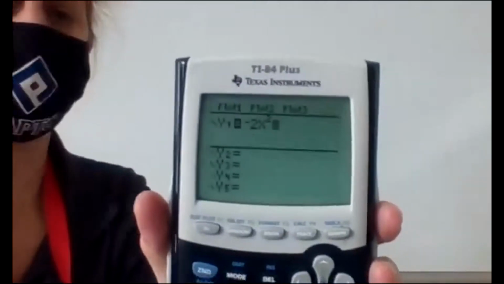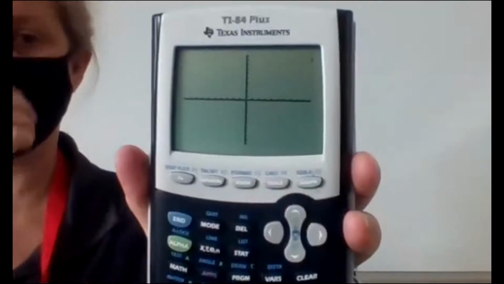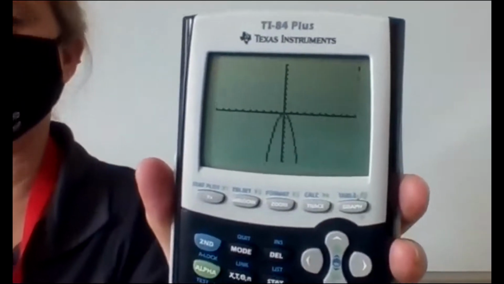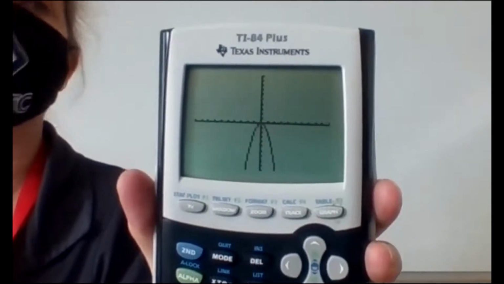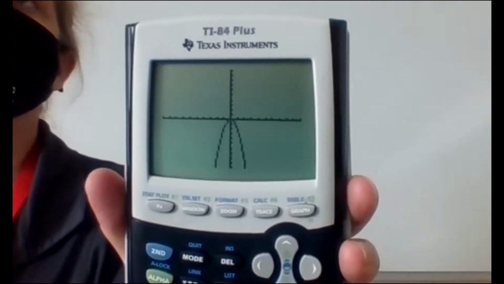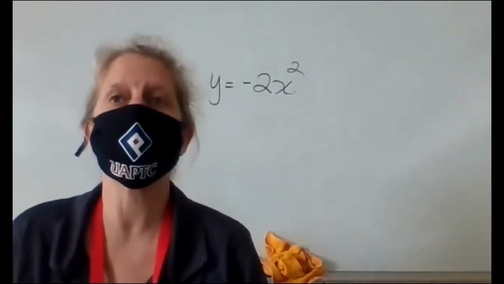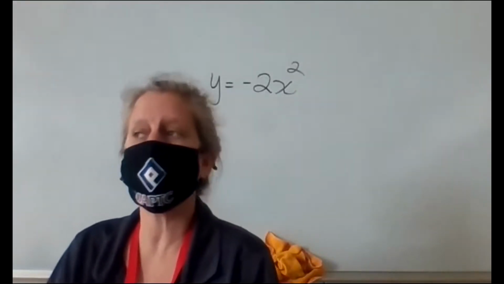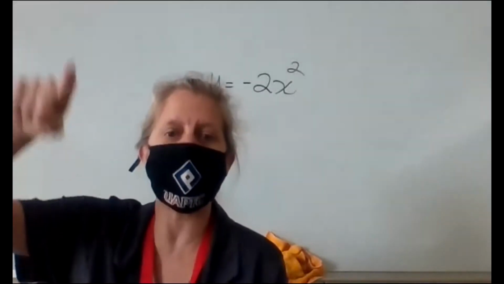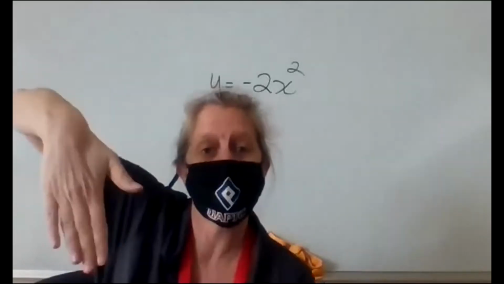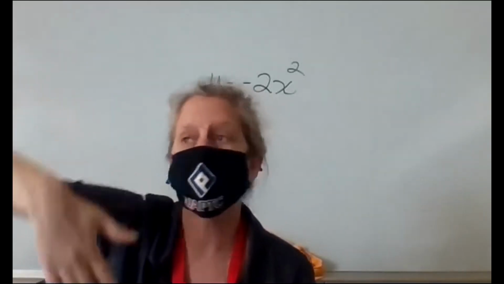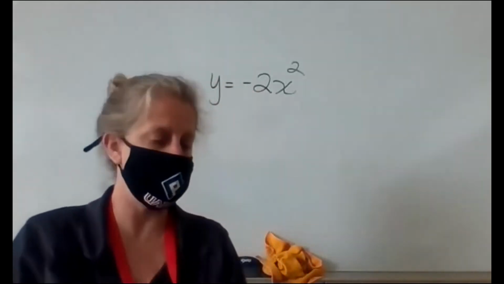So negative 2x squared. Let's graph this and see what it looks like. So a different shape, right? An upside down U. That's what happens when you have an x squared. That's what makes that U shape. There's several different things that move it around the graph, flip it upside down, things like that. But that's what you want to do.